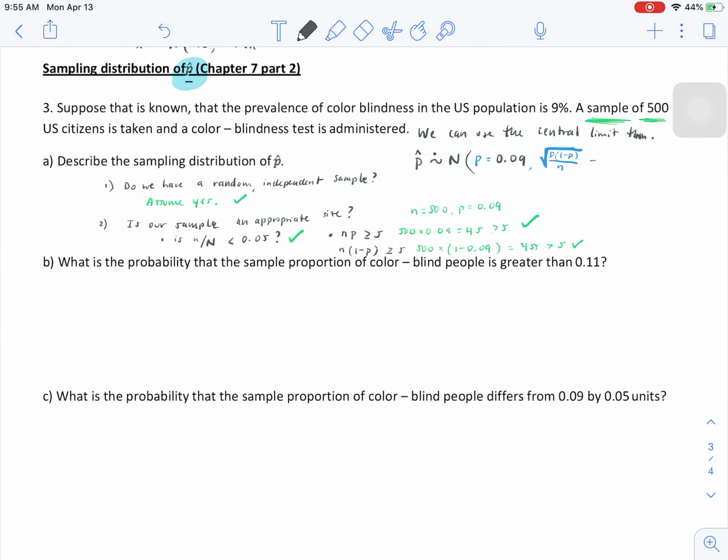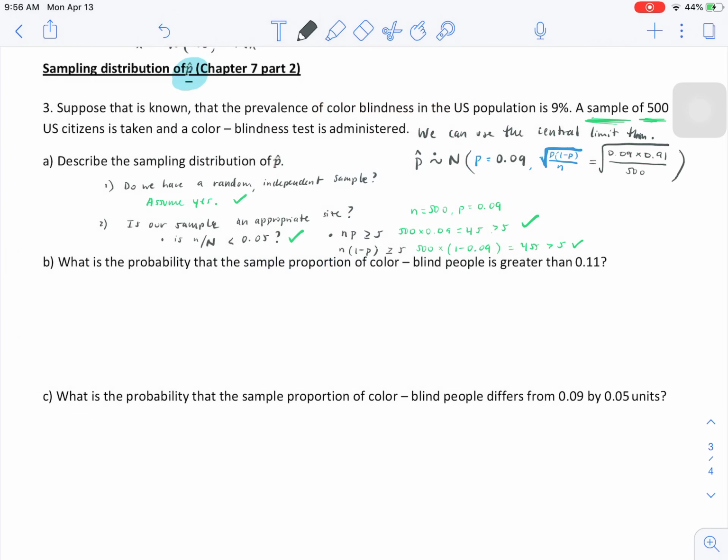That's our formula for the standard deviation. So we can plug it in: 0.09 times 0.91 over our sample size of 500, and take the square root of the whole thing. That's our sampling distribution of the sample proportion, according to the central limit theorem.